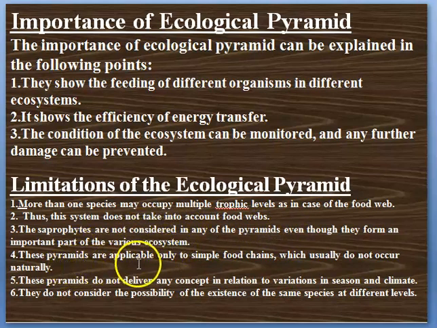These pyramids are applicable only to simple food chains, which usually do not occur naturally. These pyramids do not deliver any concept in relation to variations in seasons and climate. They do not consider the possibility of the same species existing at different levels.